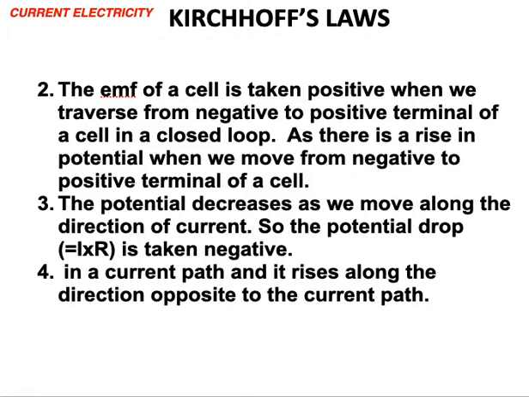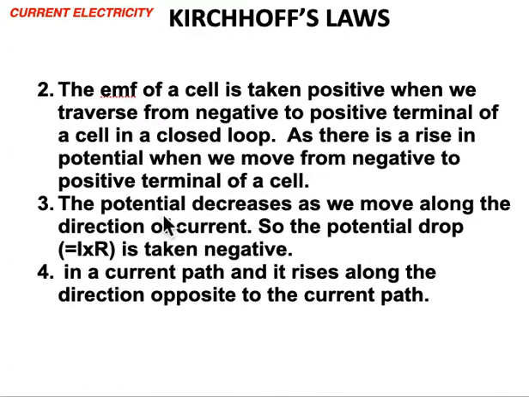If you move from negative terminal to the positive terminal of the cell in the loop, there will be a rise in potential, and the rise in potential is to be taken as positive. The EMF of a cell is taken positive when we traverse from negative to positive terminal of a cell in a closed loop. As there is a rise in potential, we take it as positive.